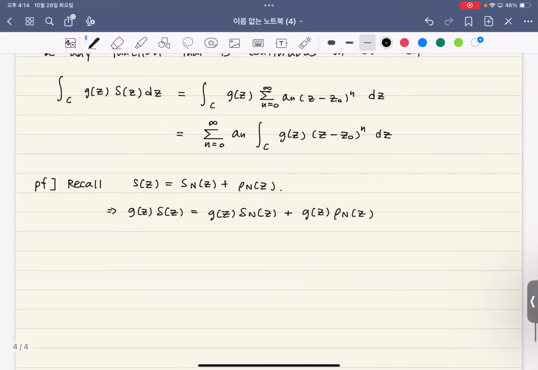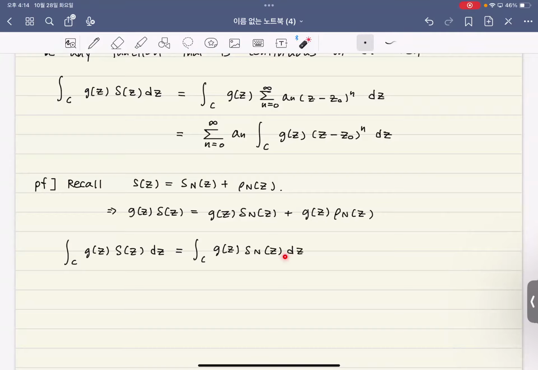I want to put the integral sign on both sides of this equation. Well, hold on.